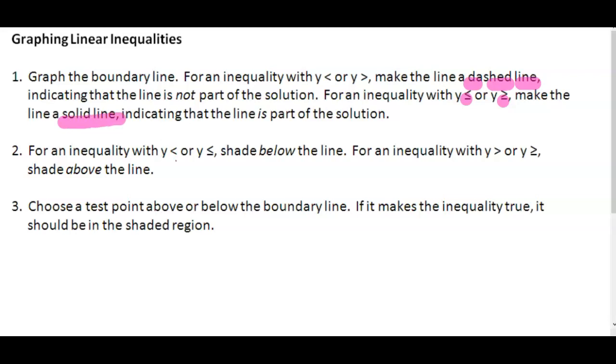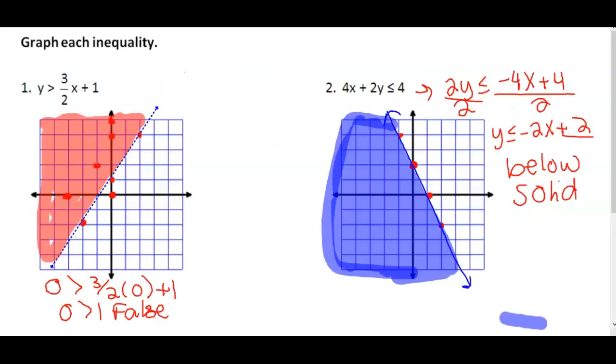If it is less than or equal to, you shade below. And if it is greater than or equal to, you shade above. That is like the key information from that blurb. Well, let's do some graphing.